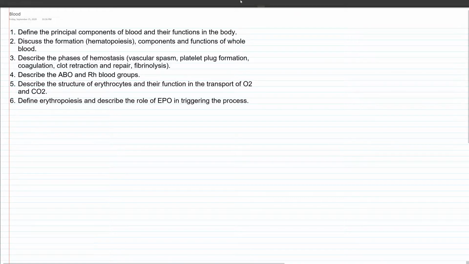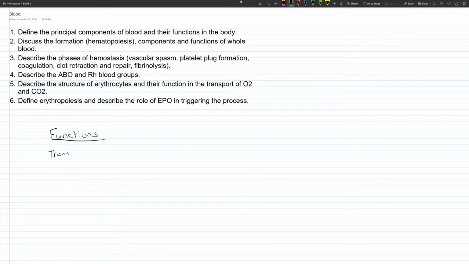All right, so what are the functions of blood? You know how I like to start out. So basically, blood functions to transport dissolved elements or materials. Of those, we have oxygen and carbon dioxide.